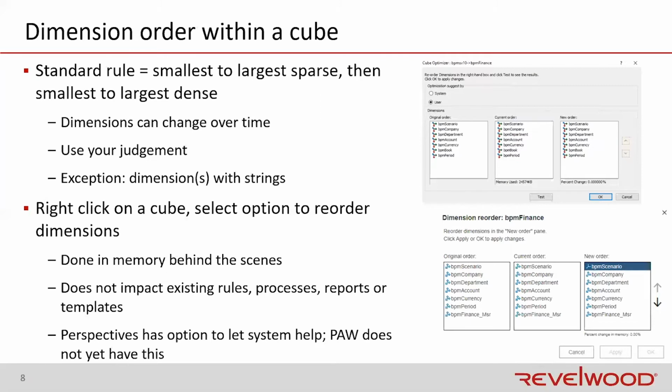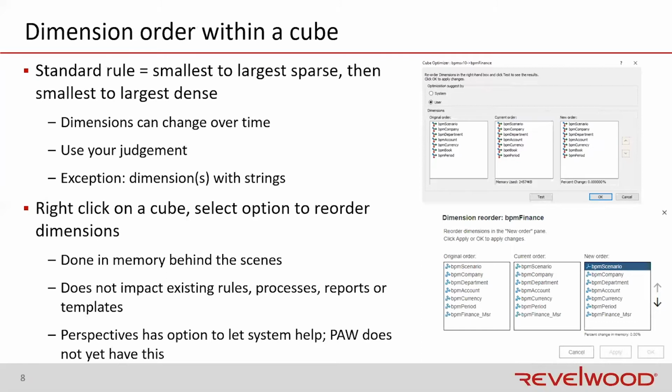Okay. So what happens if you created a dimension order within your cube and then determine, hey, that doesn't make sense anymore? TM1 and Planning Analytics give you the opportunity to optimize your system by reordering the dimensions. Now, when you do that, it's all done behind the scenes. It's done in memory. It doesn't impact any end user aspects. It doesn't impact your rules.